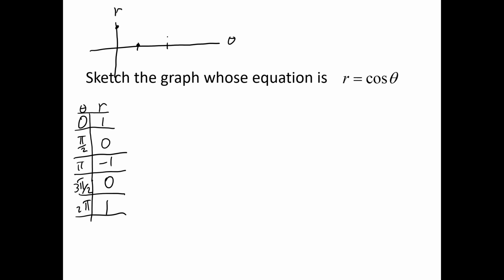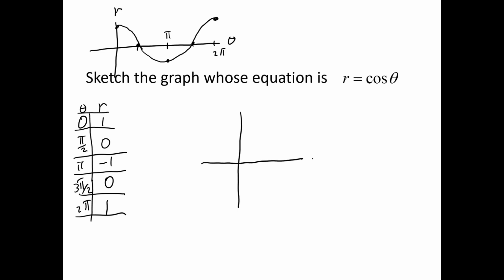At pi, we get negative 1. At 3 pi over 2, we get back to 0. And at 2 pi, we're back to 1. So this is the graph of the cosine function. And we're going to use that to help make our polar curve.